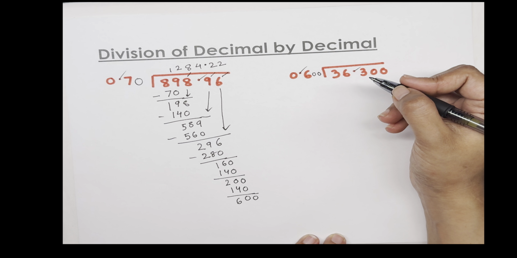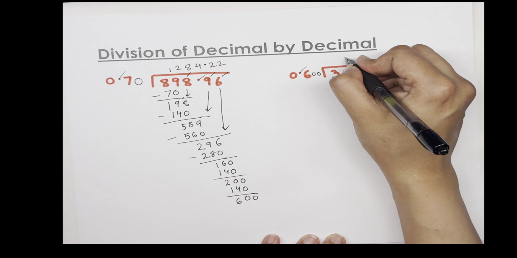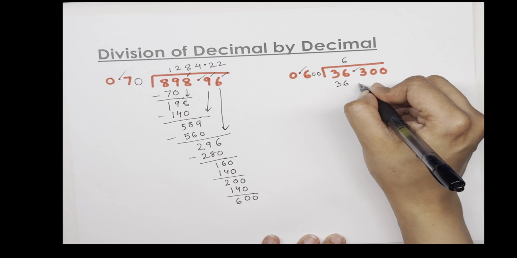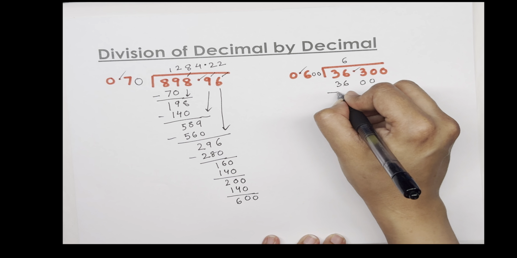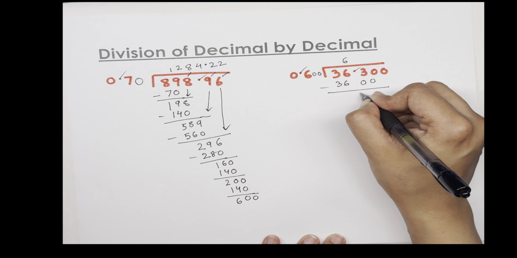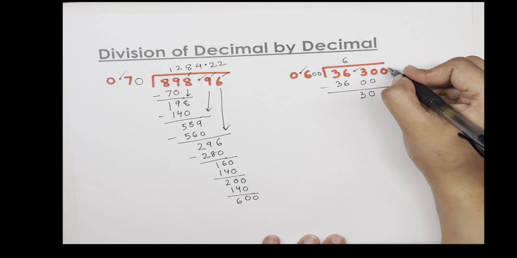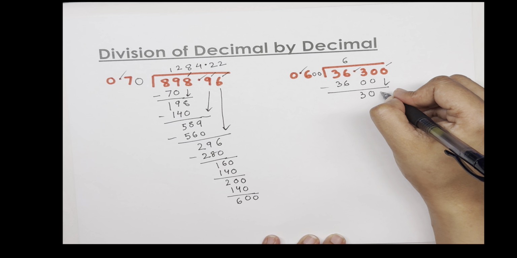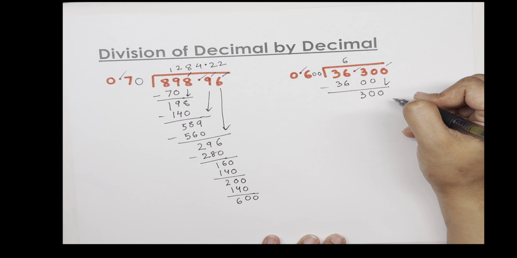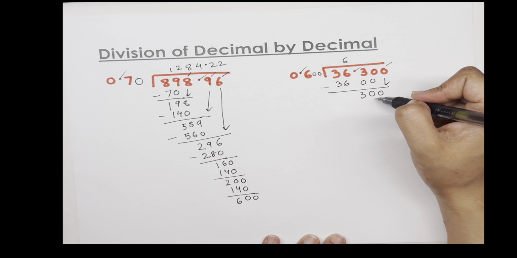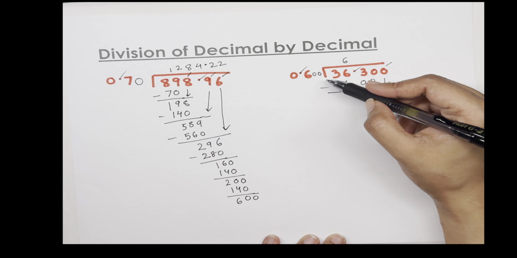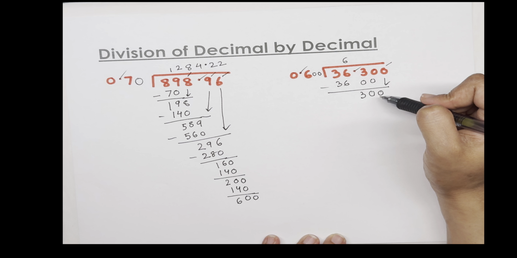So the division problem becomes 36,300 divided by 600. 6 times 6 is 36. 0, 0, 3, 0. Bring down a 0 here. But still it is not going, because 300 divided by 600 is not going.